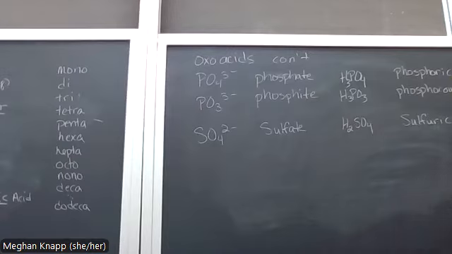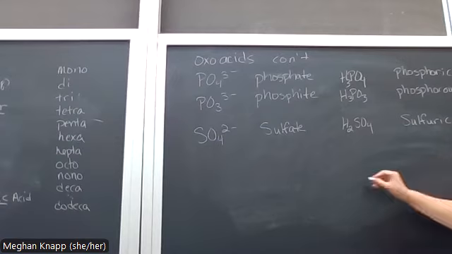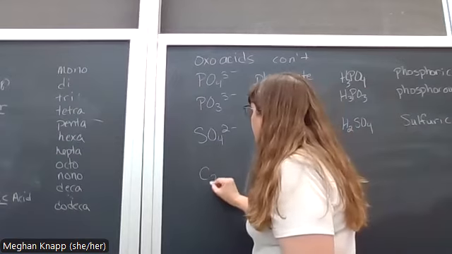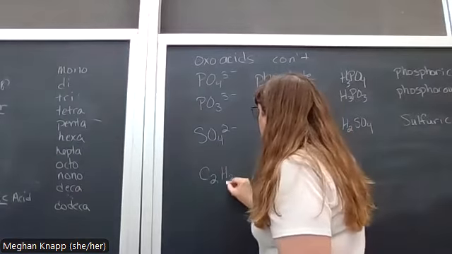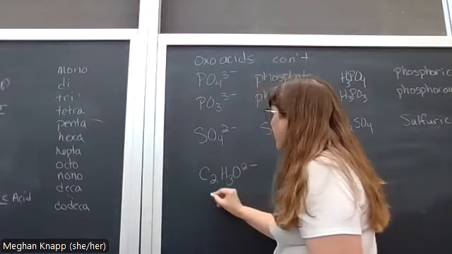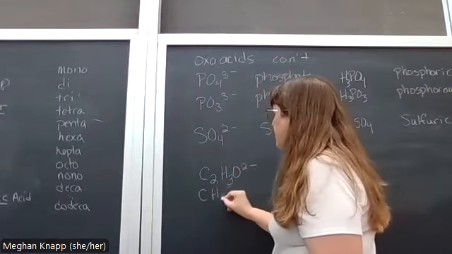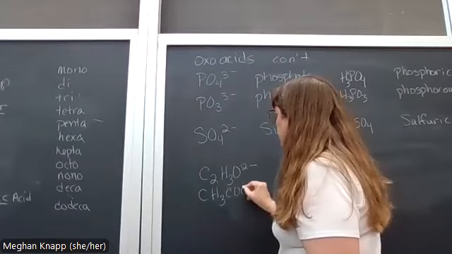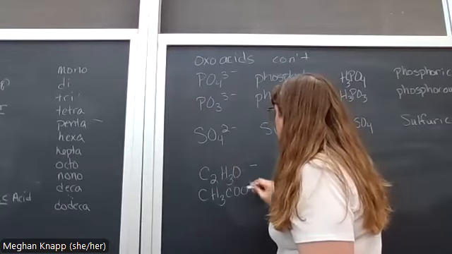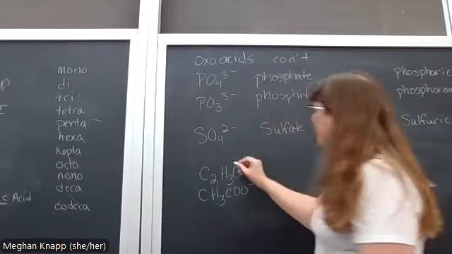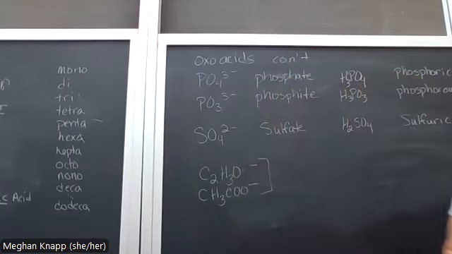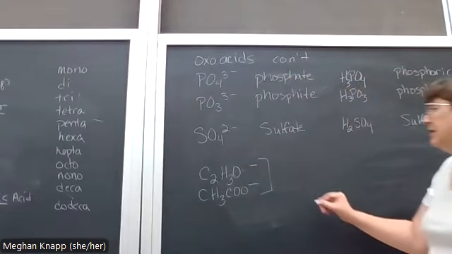So in most cases, we're just going to stick with changing ate to ic. Look about the middle of the page. You should see an ion that looks like this. And then underneath it, it has its structural formula. What is the name of this ion? Acetate.